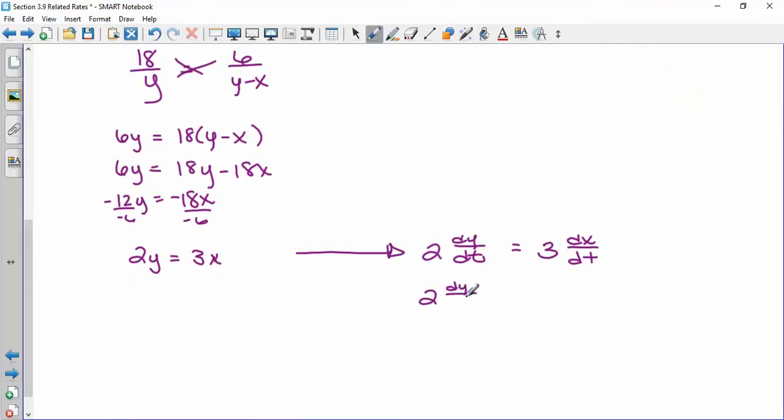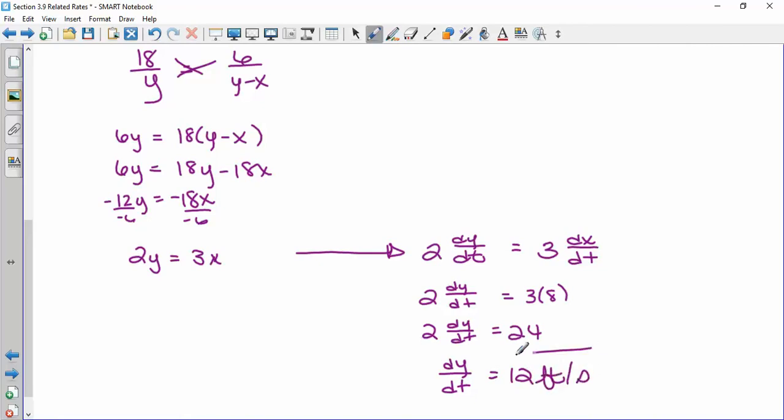Dx dt was 8. So dy dt is 12. Y was measured in feet. T was measured in seconds. So the shadow is moving 12 feet per second.